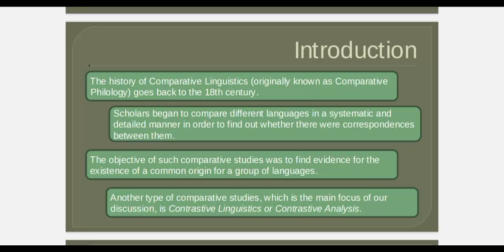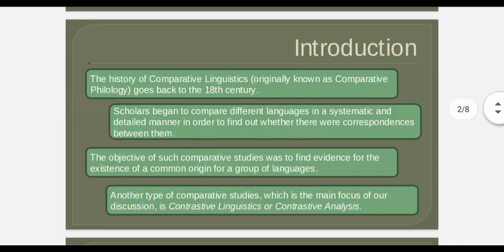Several languages which have the same origin are called proto-language or related languages. And in this study, linguists aim to determine what the proto-language is like. Not only comparing several languages, experts were also interested in comparing the development of one language.